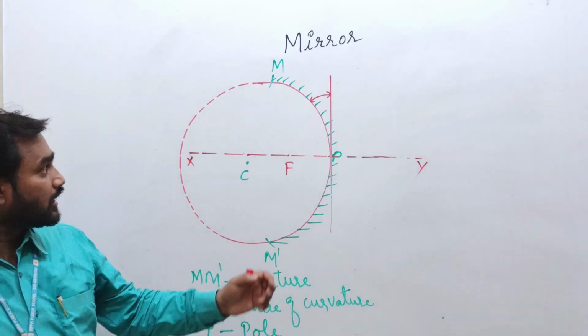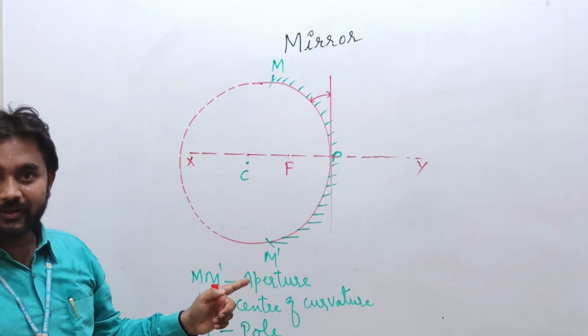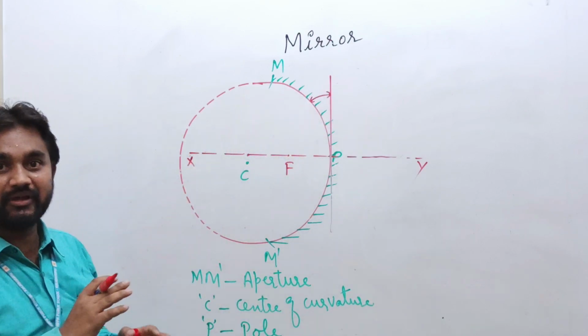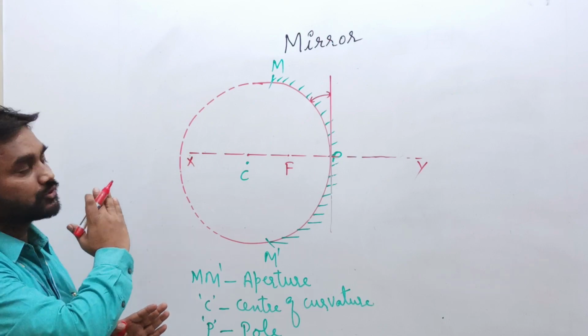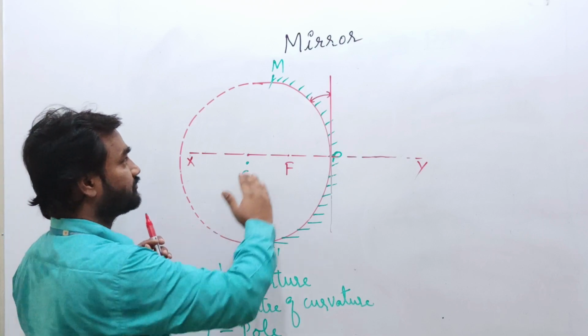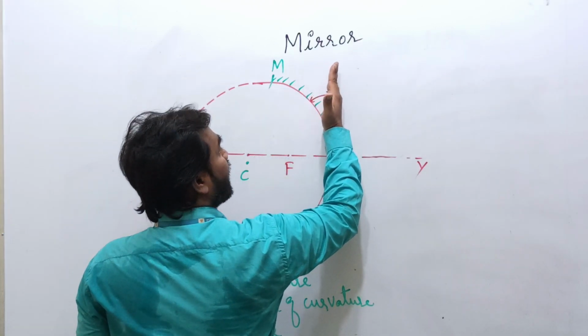If the curve is more curved, then the angle of the aperture will increase. If the curve decreases, then the aperture will also decrease. If I take it back like this, then finally the aperture will decrease.